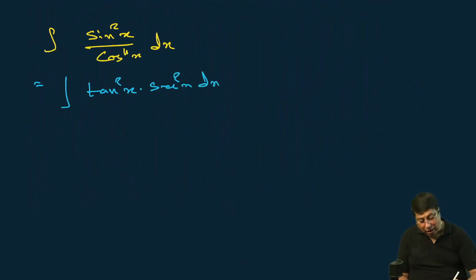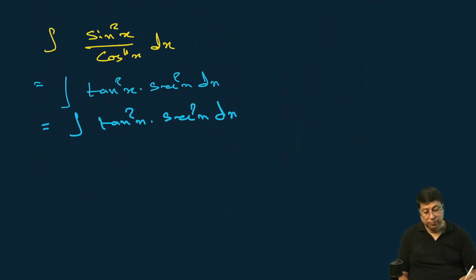Therefore I can write here the integration of tan square x into sec square x. What will we do? Let tan x equal to t, because its derivative is present in the sum.